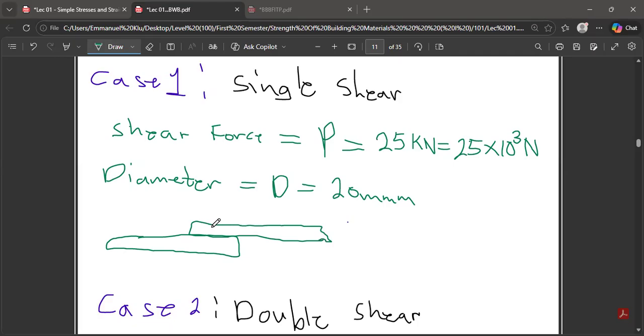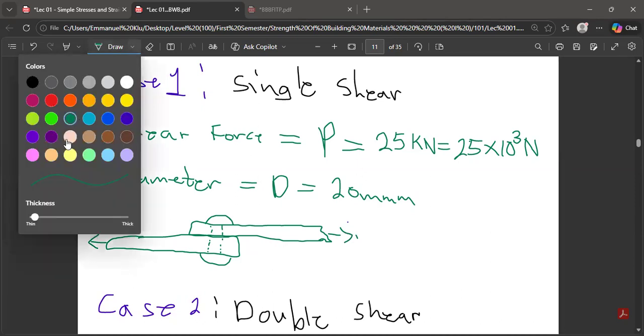So that is the area resisting shear, and the force acting on this is our P. Let me quickly use a different color pen.